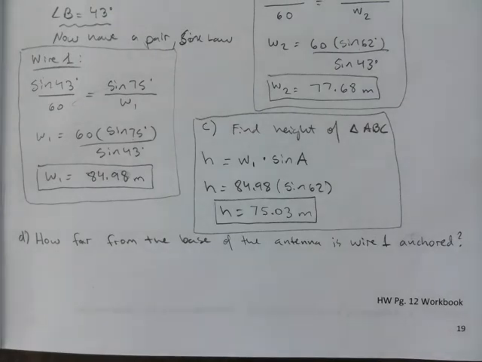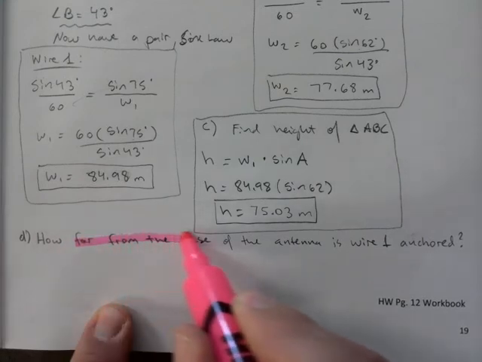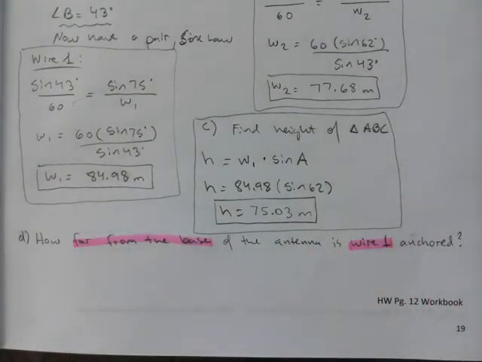So how far from the base of the antenna is wire 1 anchored? And I will grab a highlighter for that one to show you what I mean. After we do this, that's it for today. I'll just give you some questions to try, and then we're done.